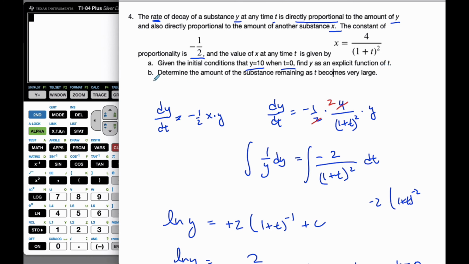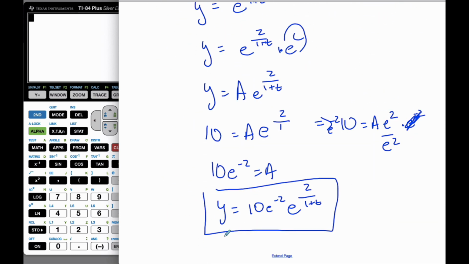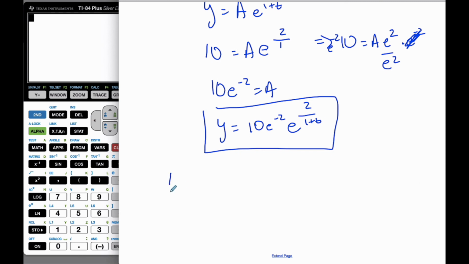And then finally it says, determine the amount of substance that remains when t becomes very large. Well, when we look at our particular function, when t gets really big, goes to infinity, the bottom of this fraction is going to get really big, which means the whole fraction will become super small, basically 0.